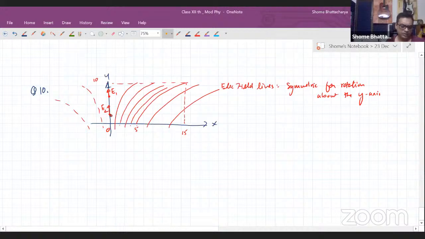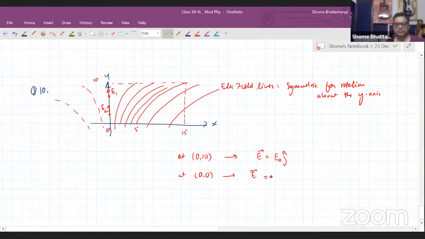Okay. So now basically what we have to do in the question is that you have to find the equilibrium condition for a particle when it is at y equal to 10. So at the point 0, 10, the electric field is going to be some E10 J cap, let's say. At the point 0, 0, the electric field is some E0 J cap. Now this E10 will be proportional to what? The density of field lines.